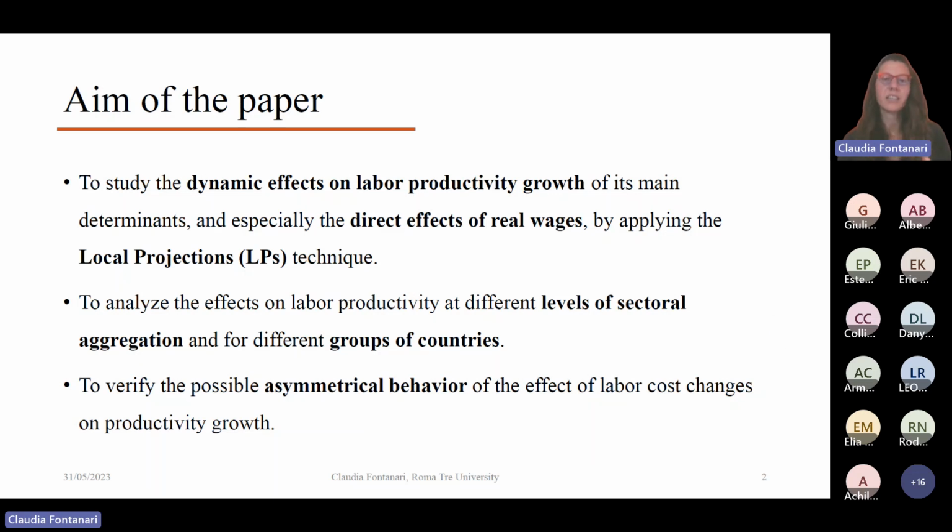The analysis is conducted at different levels of sector aggregation and for different groups of countries in order to see whether spatial disparities emerge. I also want to verify the possible asymmetrical behavior of the effect of labor cost changes on productivity, that is, whether their effect varies depending on the sign of wage changes.